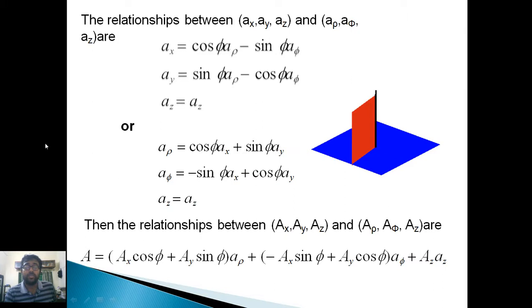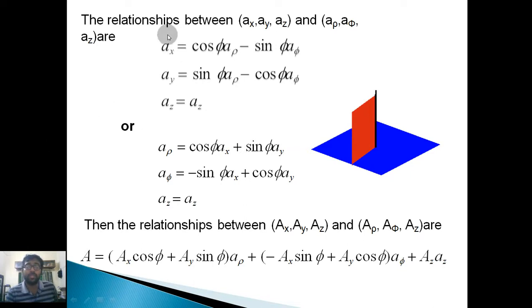It means that we are going to find the value of the different components of the cylindrical coordinate system along the x axis of the Cartesian coordinate system.